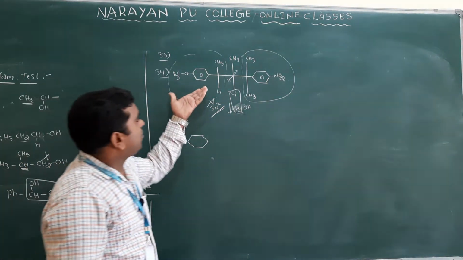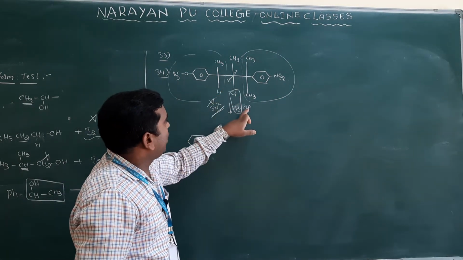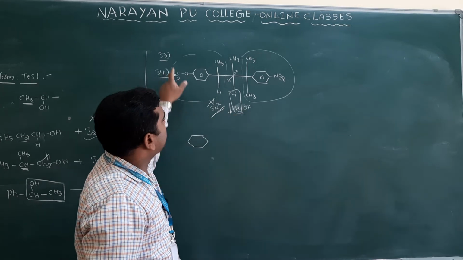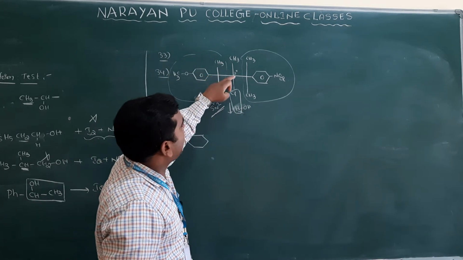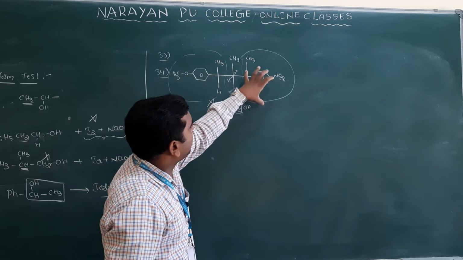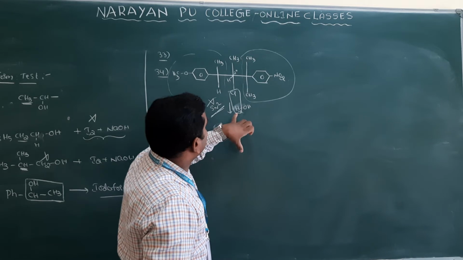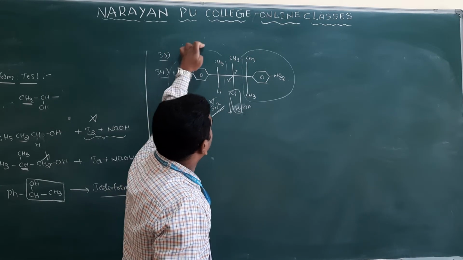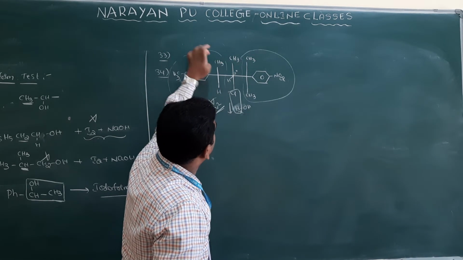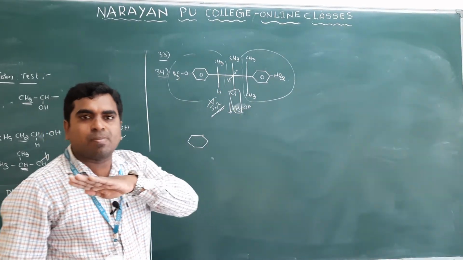The nucleophile OH minus should attack from which side? Back side. To attack from the back side, the group should be less bulky, but here the groups are very bulky, so the nucleophile cannot attack the chlorine-attached carbon from the back side, so there is no SN2 mechanism here.